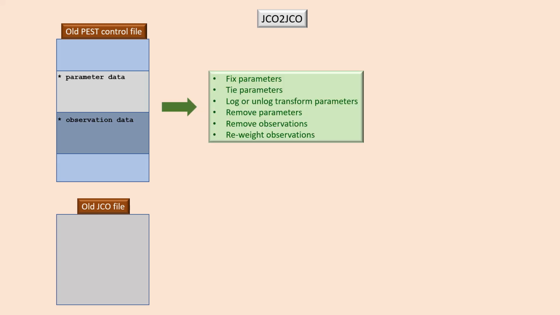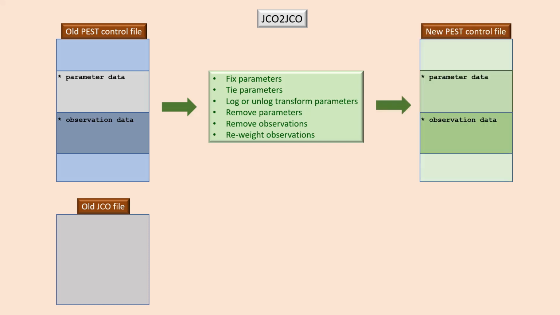Now, suppose that we take that original PEST control file and we want to change something. Suppose that we want to fix some parameters, tie some parameters, log or unlog transform some parameters, remove some parameters, remove observations, or reweight observations. So now we've got a new PEST control file.